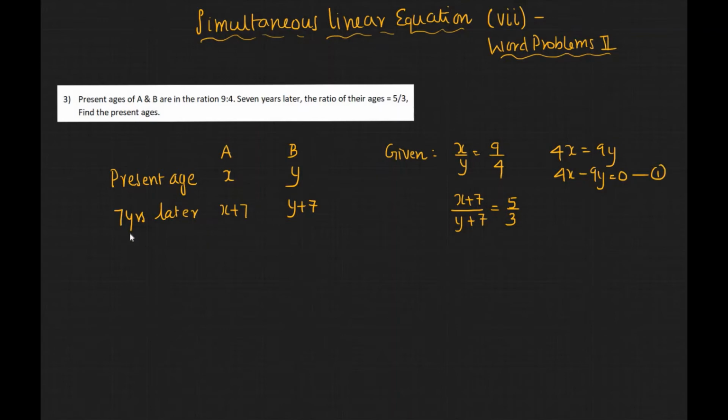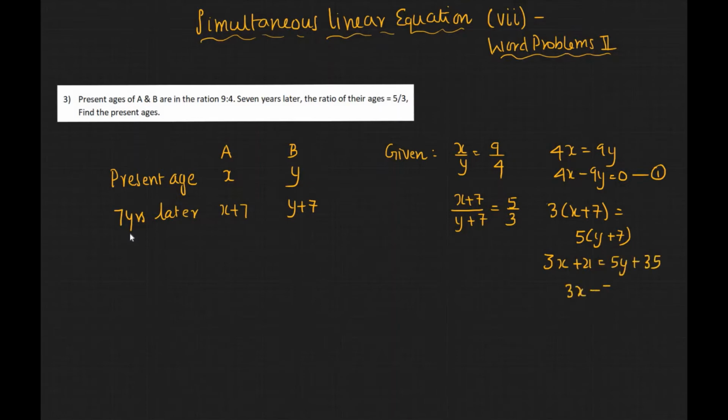So that's one. And the second one, we cross multiply this. So we say 3 into x plus 7 is 5 into y plus 7, or in other words, 3x plus 21 is 5y plus 35.